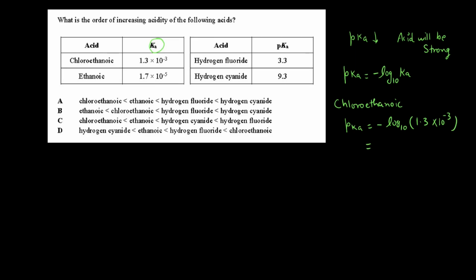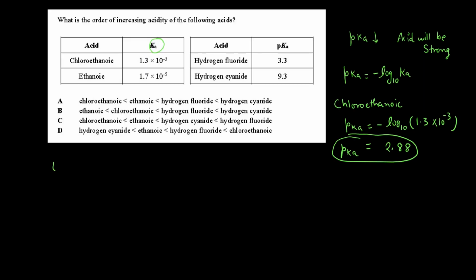So this comes out to be 2.88 pKa. This is the pK of chloroethanoic acid.